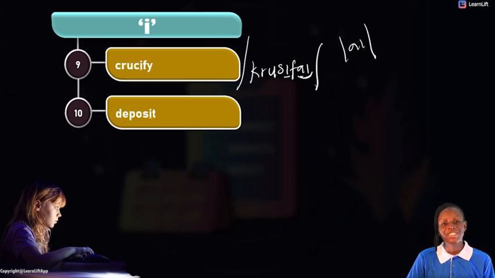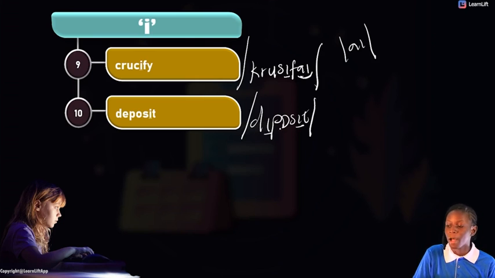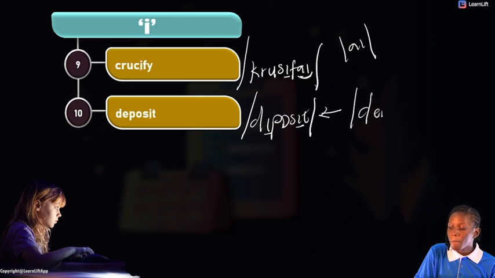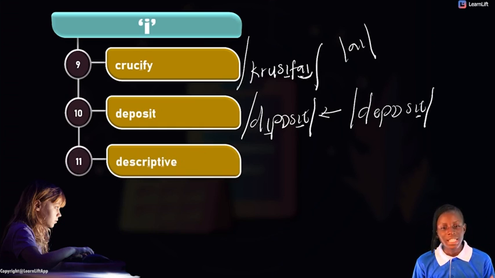Our deposit is transcribed just as it is pronounced, having our E sound here and our E sound here, while another IPA will transcribe it differently. Okay? Quickly, the next example we have our descriptive.